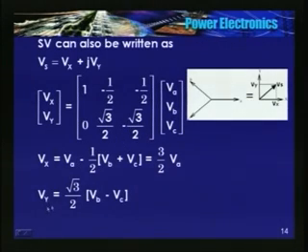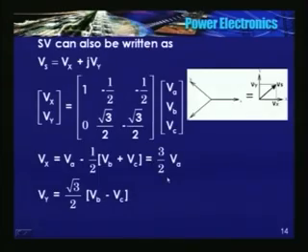So I will take Vy is equal to root 3/2 (Vb minus Vc). So if I know the value of Va, Vb, Vc, I can determine Vx and Vy, and therefore Vs, okay.